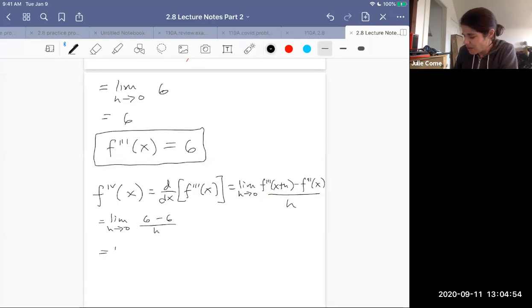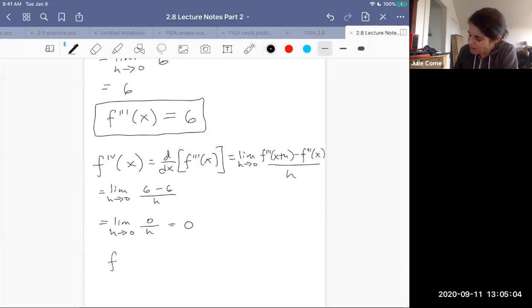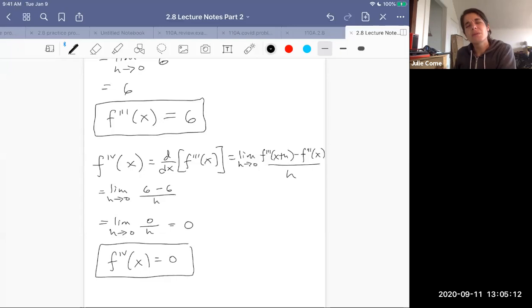So in this case, we get the limit as h goes to 0 of 0 over h. Well, 0 divided by anything is 0. So what we see is that the fourth derivative of f of x is equal to simply the 0 function. Does that make sense? Well, maybe.